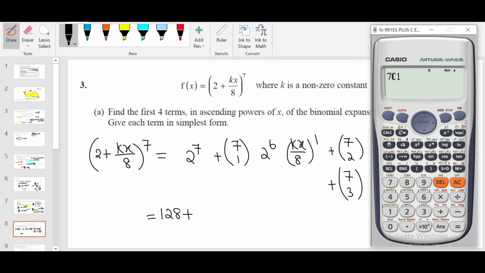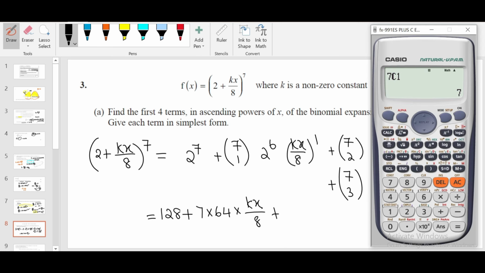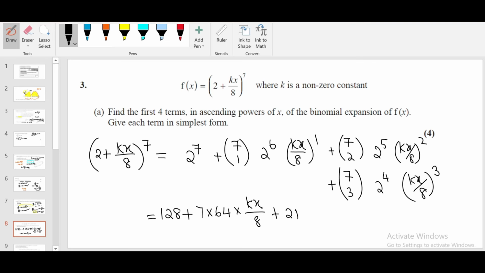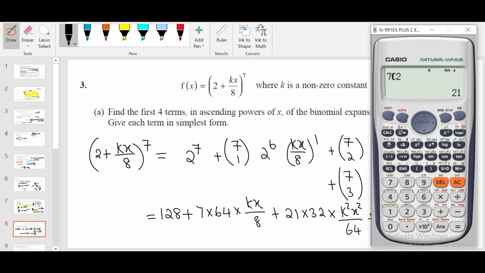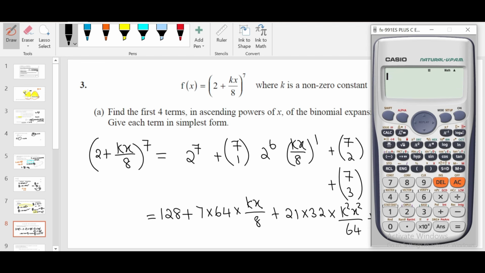I'm just showing you how to do it in the calculator. 7 times 2 power 6, which is 64, times this power 1, so kx over 8, plus 7C2. 7C2 is 21. 2 power 5 is 32, times k square x square over 8 square, plus 7C3 now. 7C3 is 35. 35 times 2 power 4 is 16, k cube x cube over 8 cube, 512.